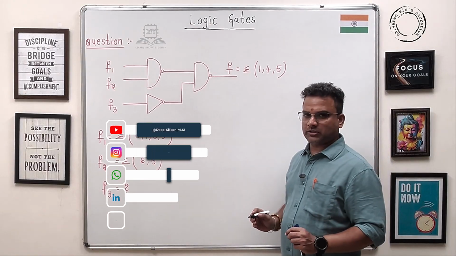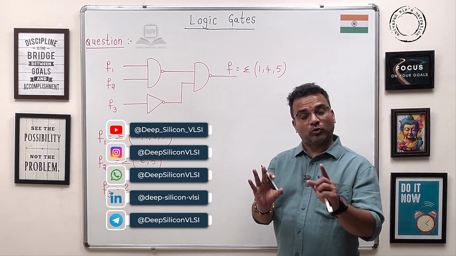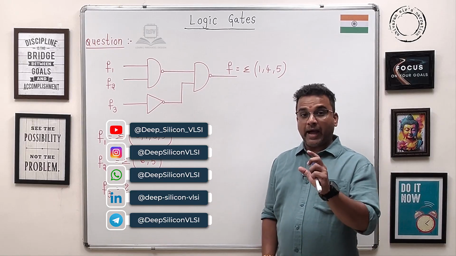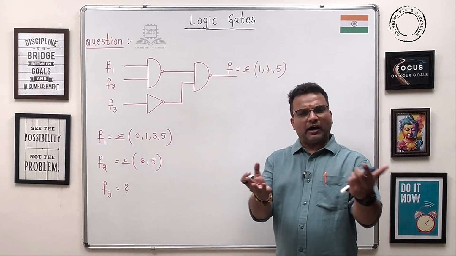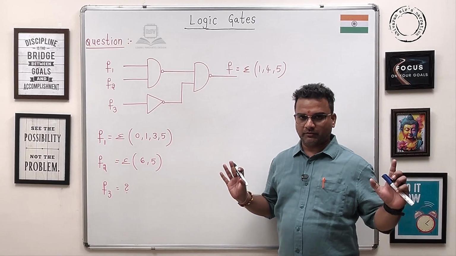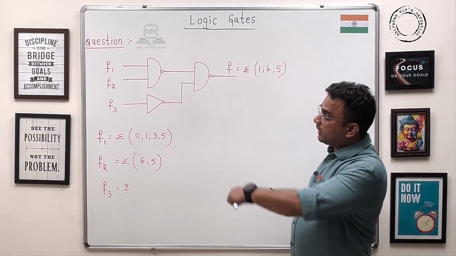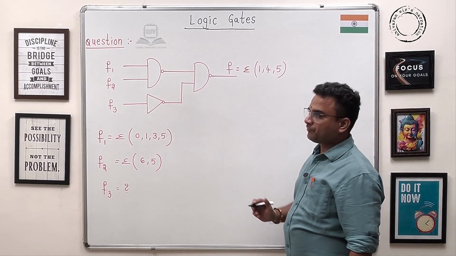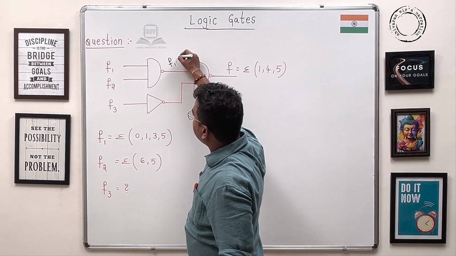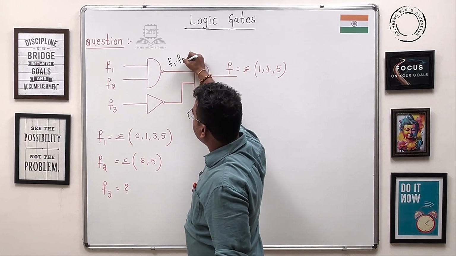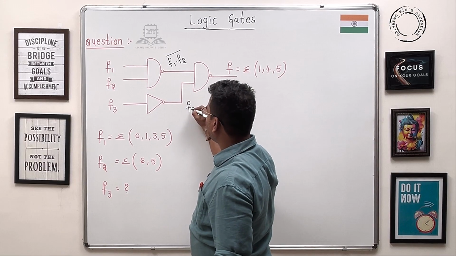In this question, the approach is that first you need to get the output expression. As per that, you can do either AND operation, XOR operation, or OR operation, etc. So let's find the output expression F in terms of F1, F2, F3. Guys, here it is F1 into F2 whole bar and this F3 bar.